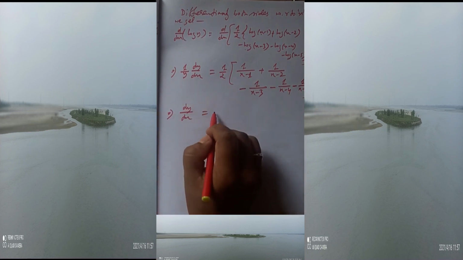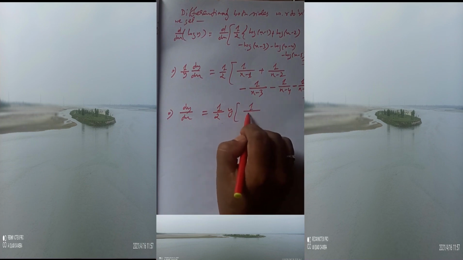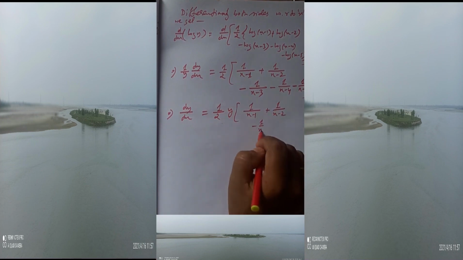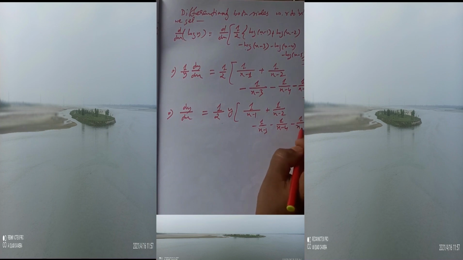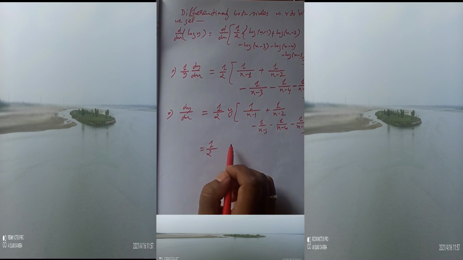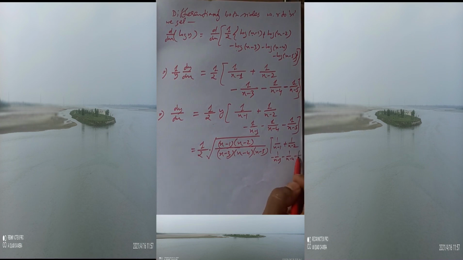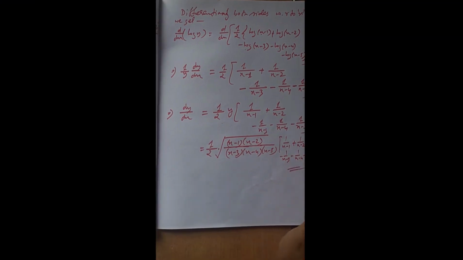Let us cross multiply the y, so dy by dx equals half y times this part. So this is the answer.